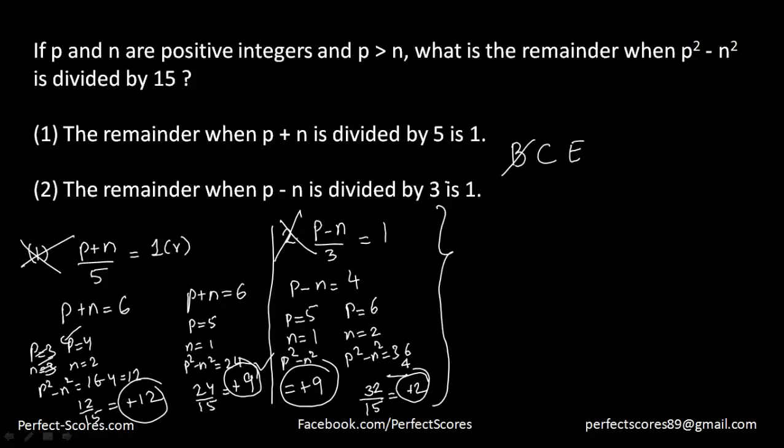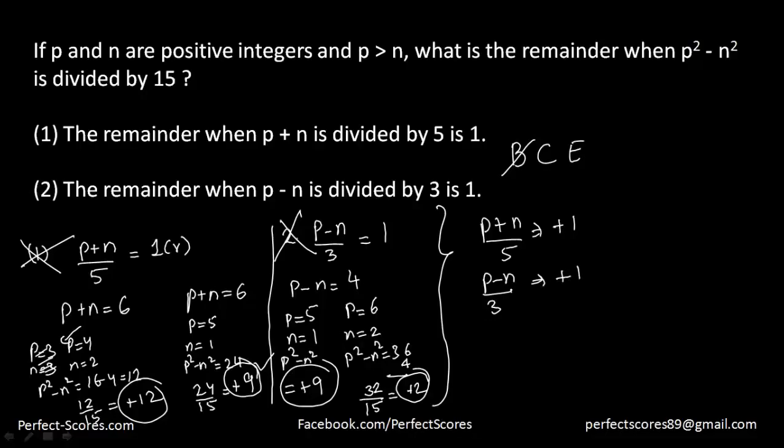Now, usually when we combine both these statements, algebra is something that we should be using. Over here, as you can see, when p plus n is divided by 5, the remainder is 1. And when p minus n is divided by 3, the remainder is 1, right?